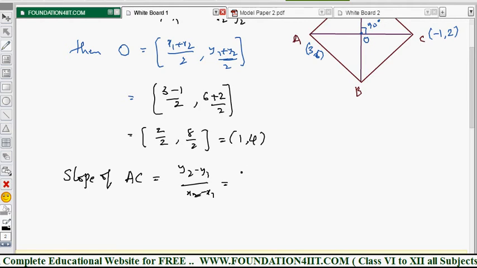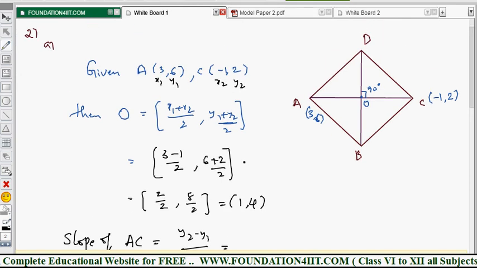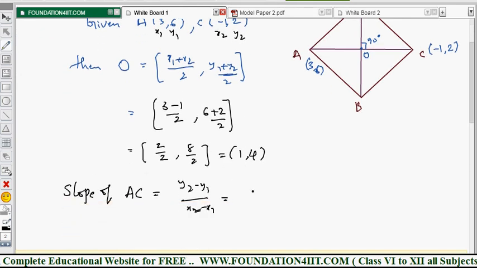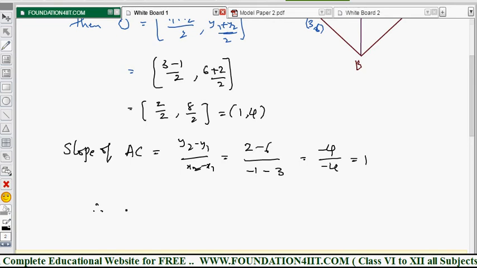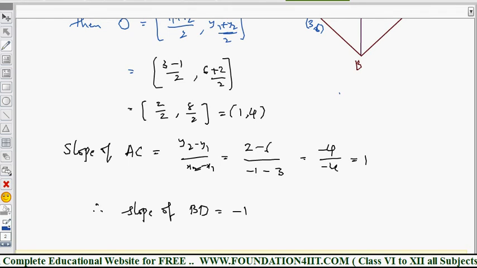Same points: 2 minus 6 by minus 1 minus 3. 2 minus 6 is minus 4, minus 1 minus 3 is minus 4. That is 1. So the slope of AC is 1. Now take the reciprocal of this number and keep the negative sign. That is minus 1. So the slope of BD is minus 1.